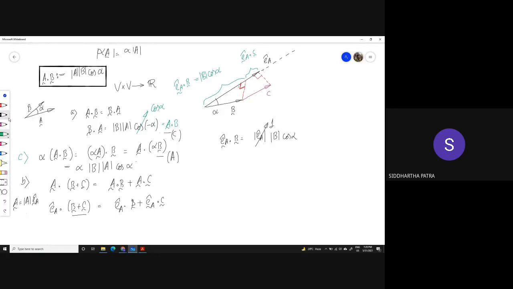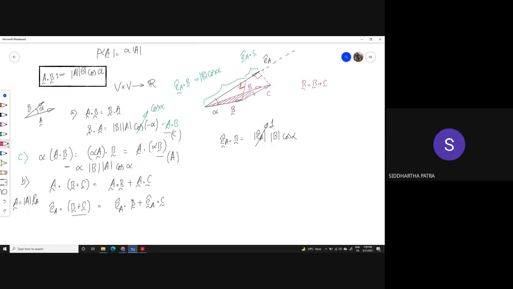Now, if I draw the resultant of B and C, and if that is R right here, R therefore is B plus C following the triangle law. So this is the plane of B and C on which R lies.